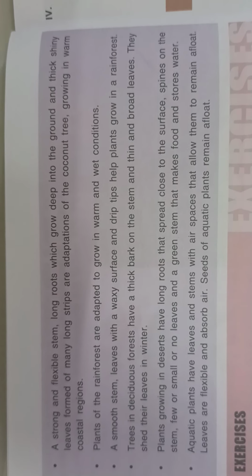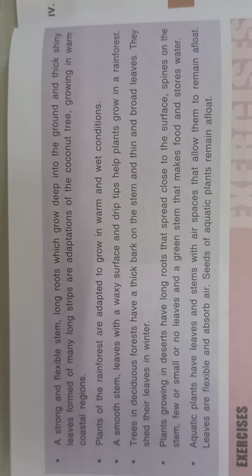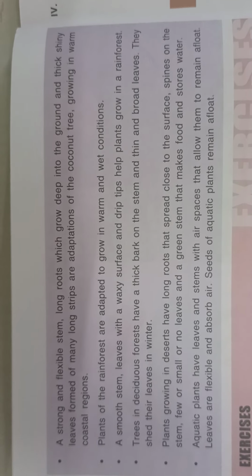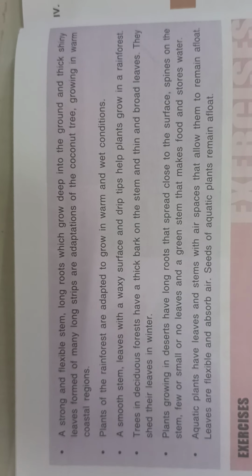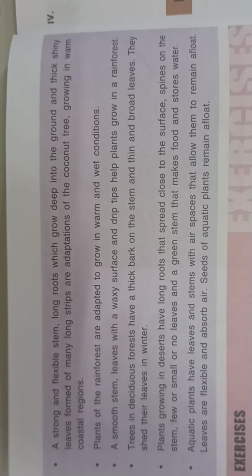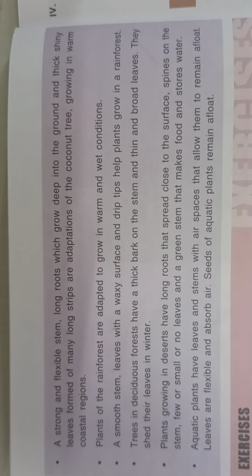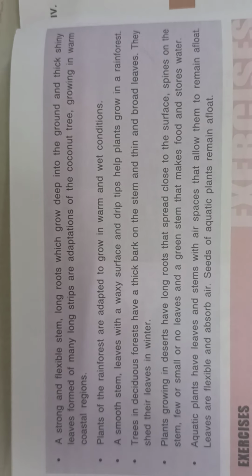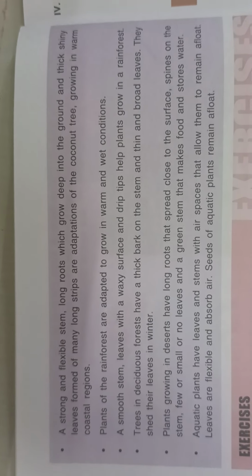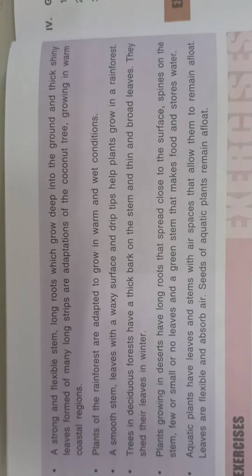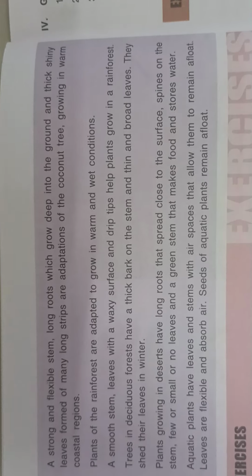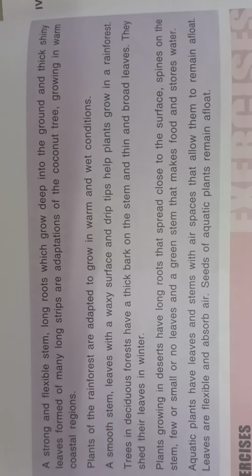It also has spines on the stem which protect the plant from thirsty desert animals, whereas it does not have leaves, or very few leaves are present on the plant. But it has a green stem that makes food and stores water.